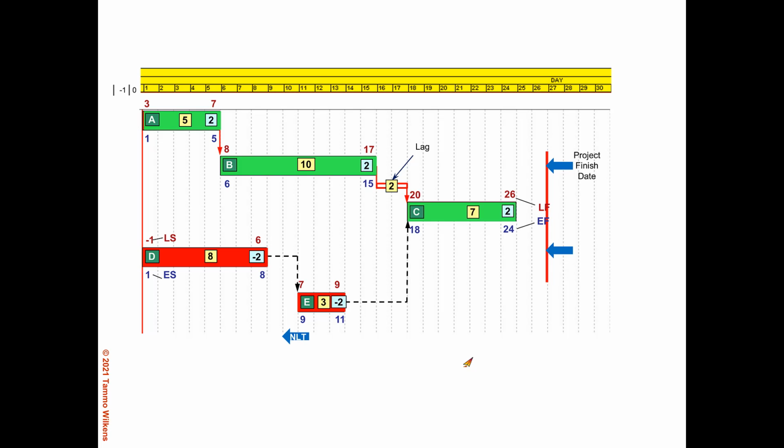And a path or an activity is critical if it has 0 or less float or slack. The other term should be called the longest path. The longest path is the sequence of activities that determines the project completion. Okay? But it may not have anything to do with critical.